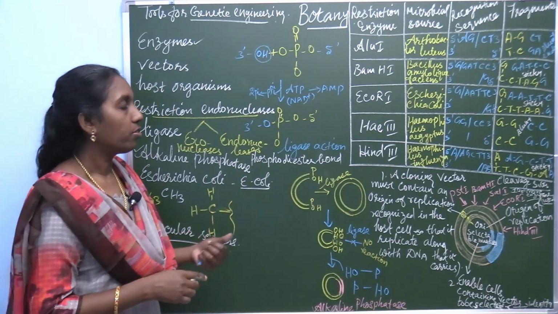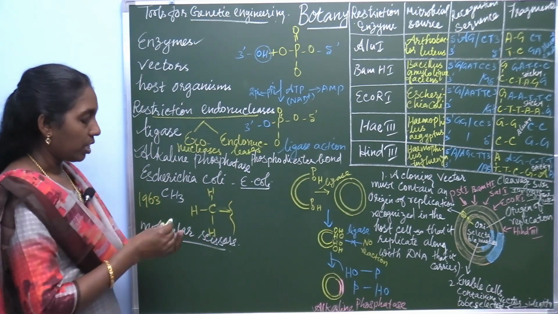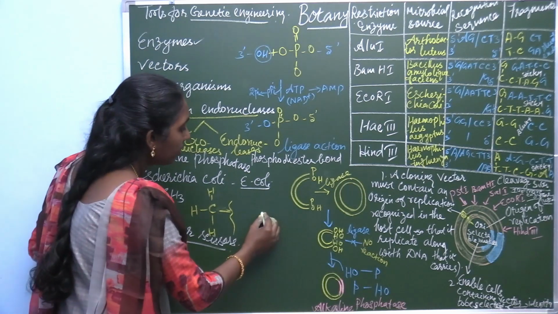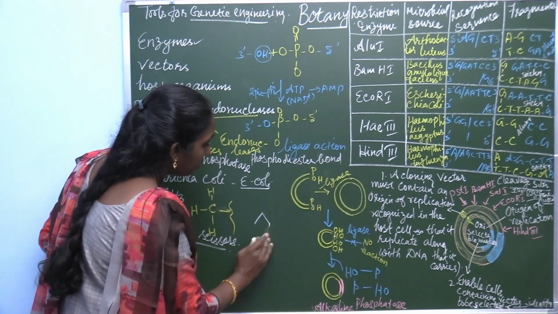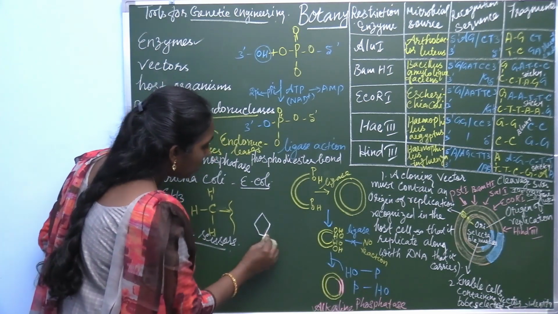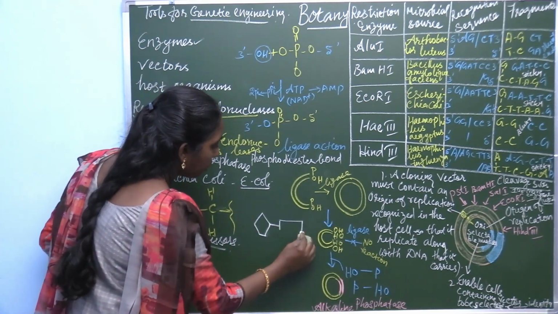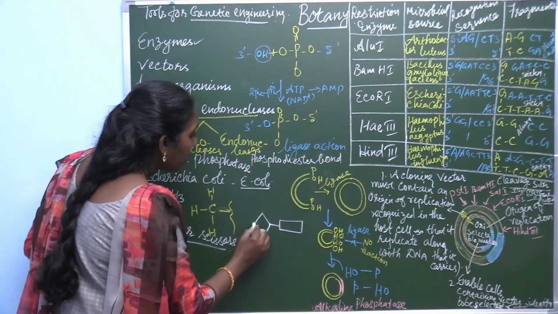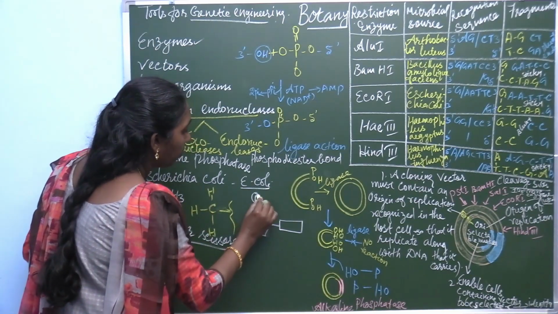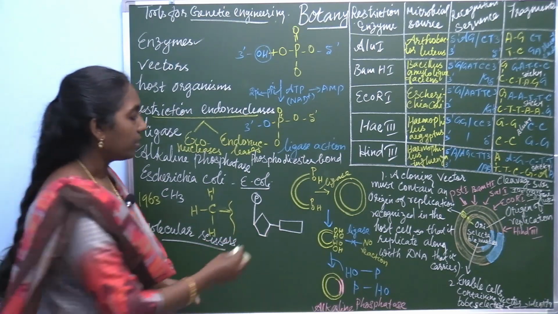Ligase enzyme is used to join the sugar and phosphate group. A nucleotide consists of a nitrogenous base, such as adenine, guanine, thymine or cytosine, attached with a sugar and a phosphate group.